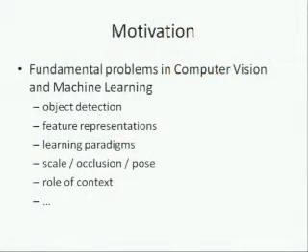But the other reason for studying this problem is you get to look at some fundamental problems in computer vision and machine learning. You get to think about object detection in general, feature representations, learning paradigms, and specific things that occur when you're doing object detection, like scale, occlusion, pose, role of context. So it's just a great problem in general.